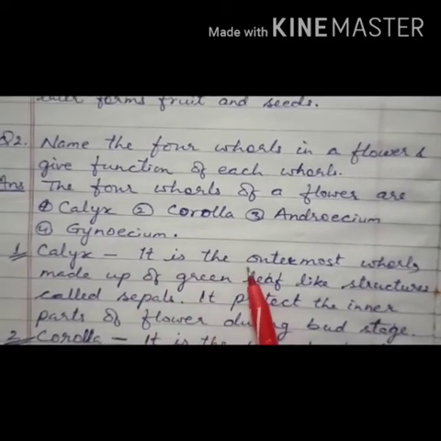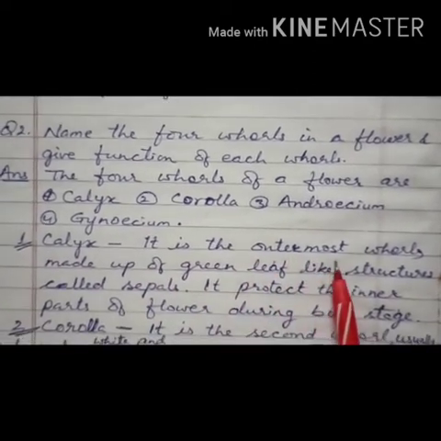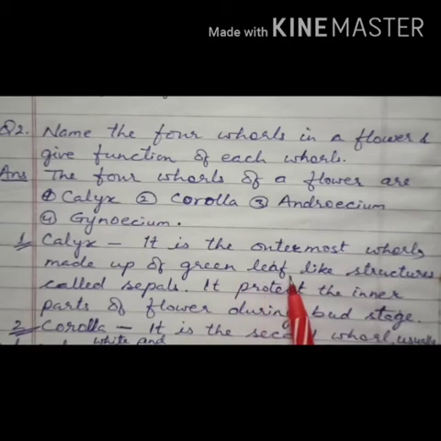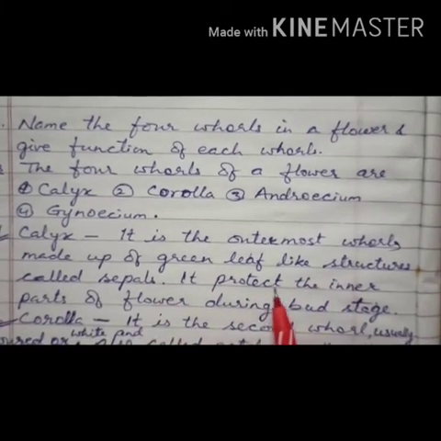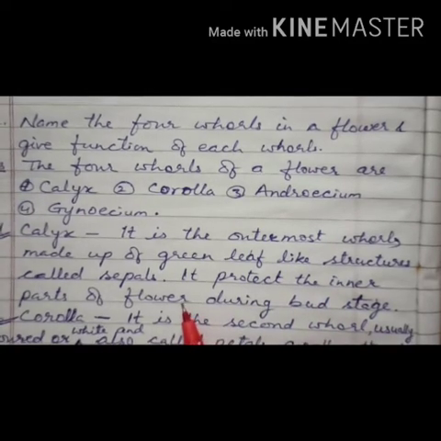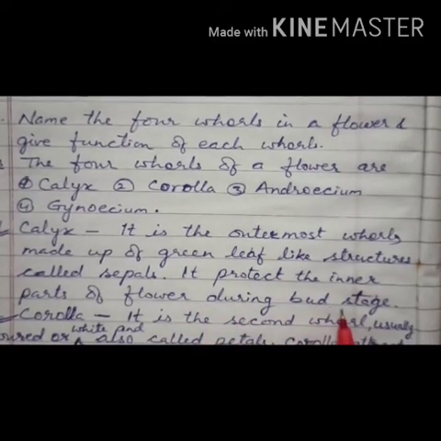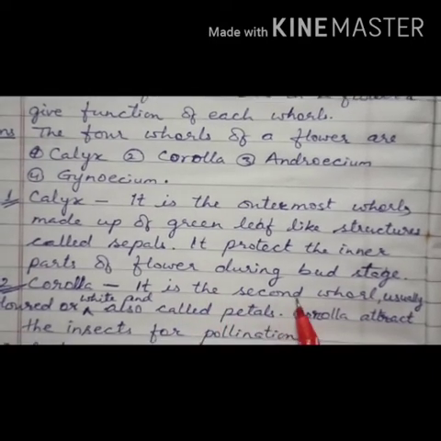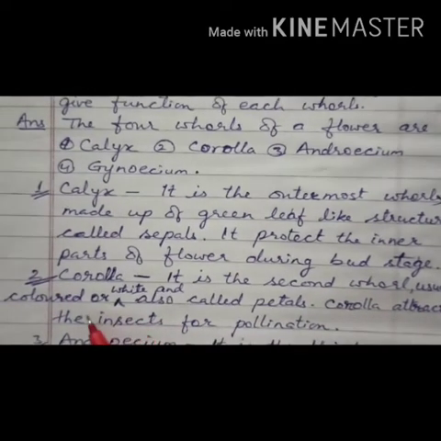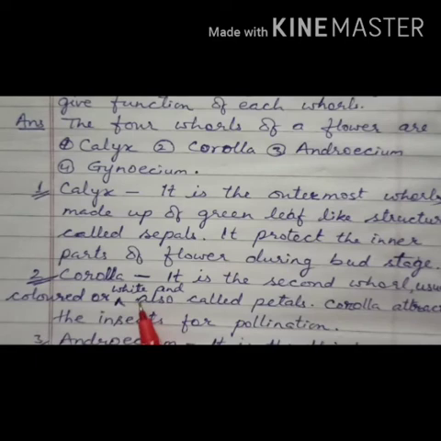Now first, what is calyx? Calyx is the outermost whorl made up of green leaf-like structures called sepals. It protects the inner parts of the flower during the bud stage. Corolla is the second whorl, the colorful part made of petals, and usually these are either colored or white.